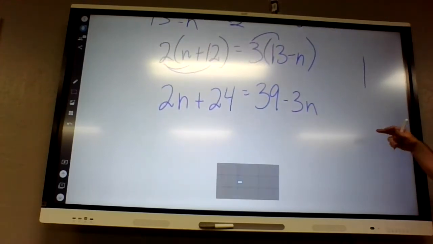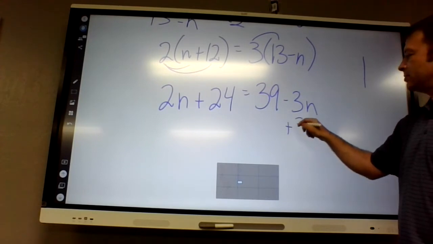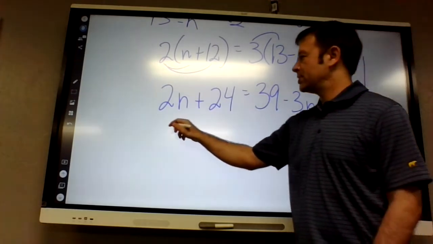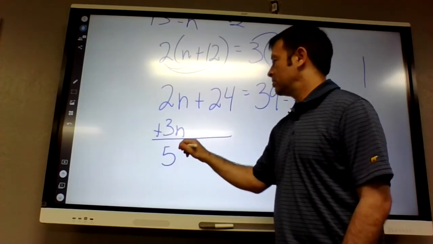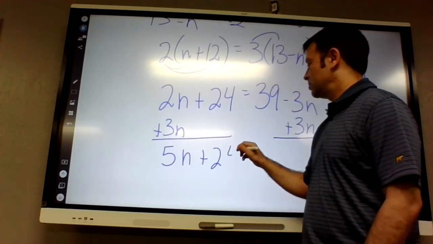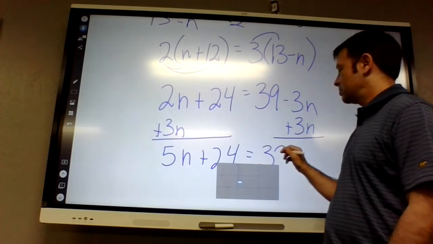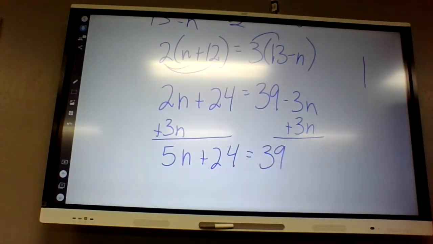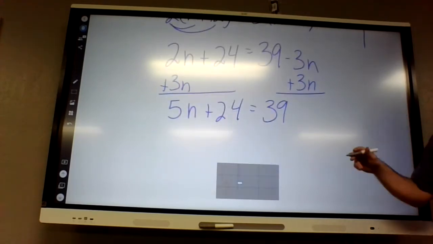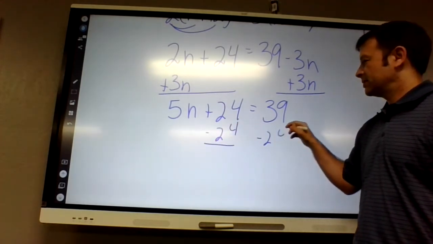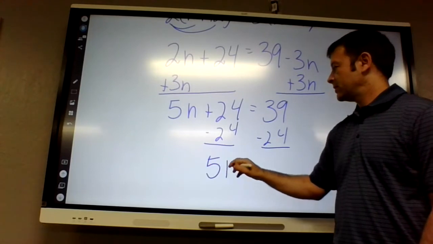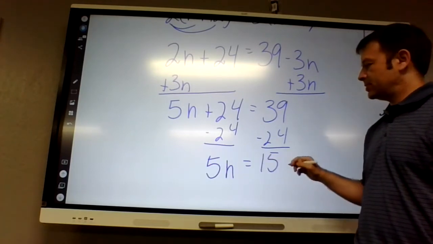So do minus 2n, or plus 3n, to get rid of them on one side. Now it's looking kind of normal. So just do the normal stuff. Subtract 24. 5n equals 15. What's 15 divided by 5?